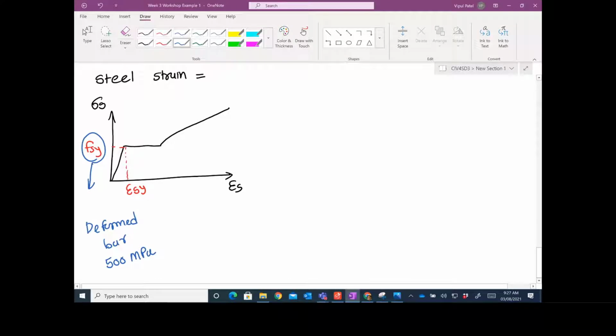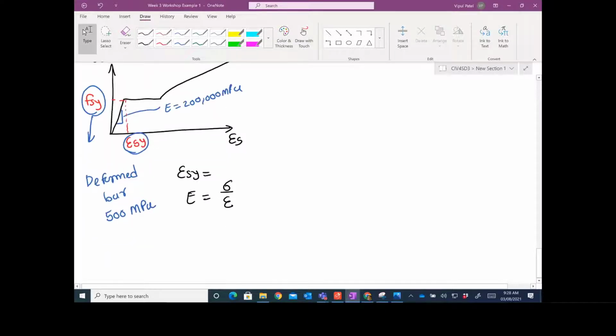if I have this FSY is 500 megapascals, the Young's modulus given to us is equal to 200,000 megapascals. In that case, if I want to calculate this ESY, because Young's modulus is equal to stress over strain, right? Rise over run.